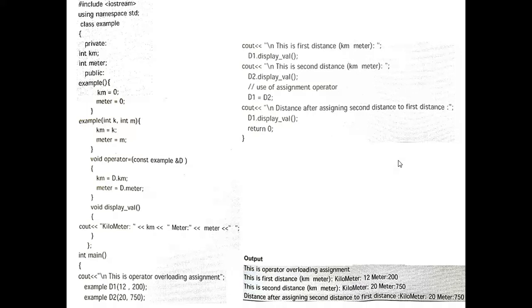Now we'll see in the output that this time the output using d1 will show kilometer as 20 and 750 meters, which is actually the value of d2. Hence we can see the operator overloading is done by using the is equal to operator.